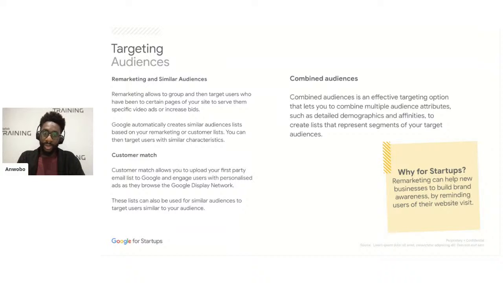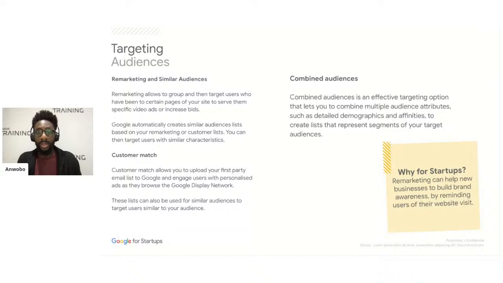Now, every time you create one of these audience lists, so I can create a list of anyone that's been to a certain section or a certain page of my website, Google will automatically create what is called a similar audience list. It can bring out users who are similar to the users who have gone to your website.